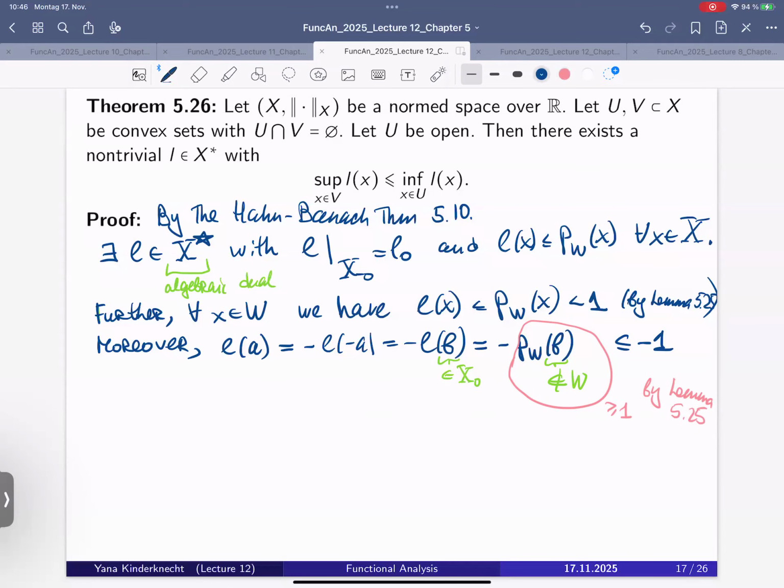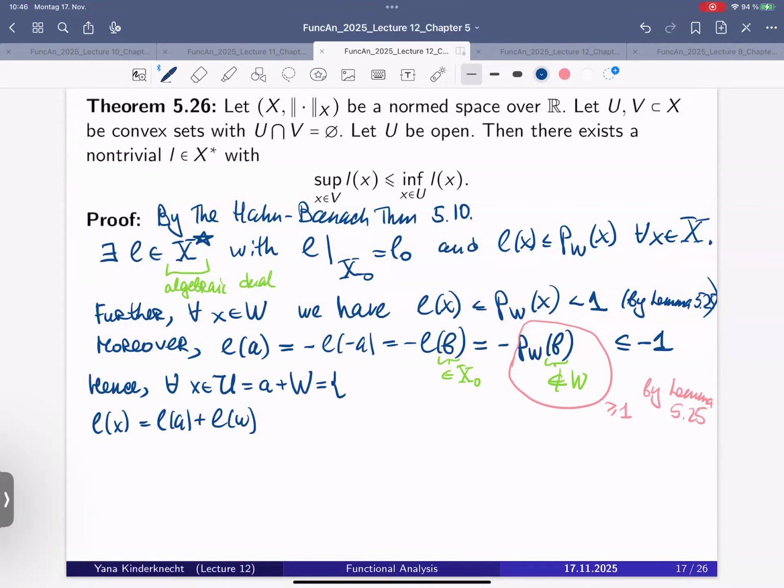Hence, what do we have? For any x in U, which is, I recall that U is A plus W, L of x is equal to L of A plus L of some w.